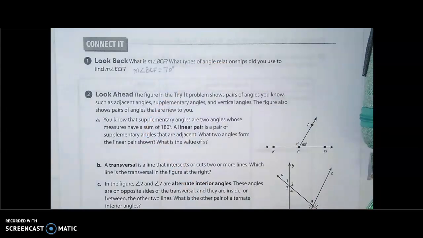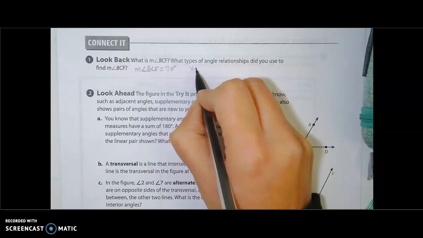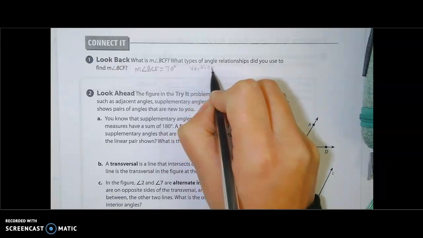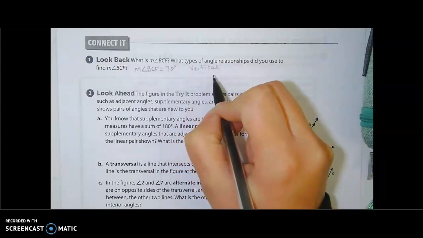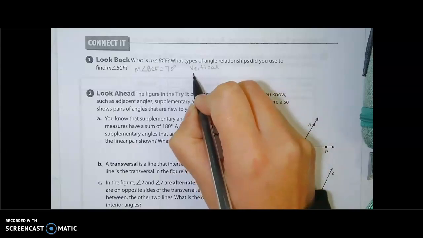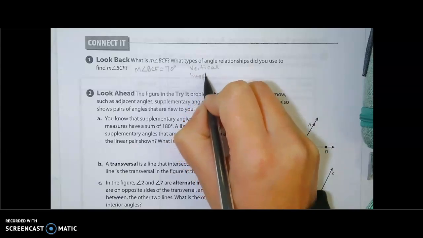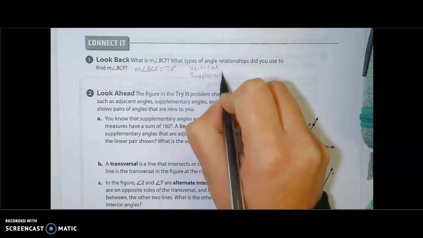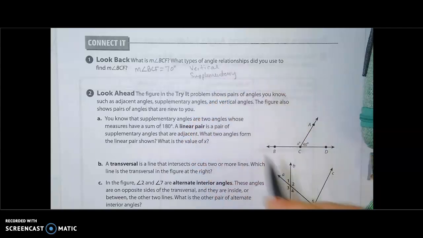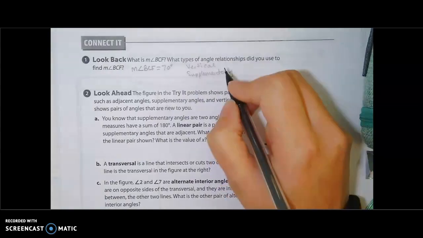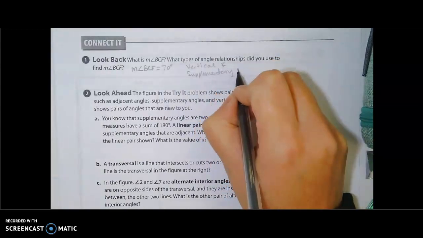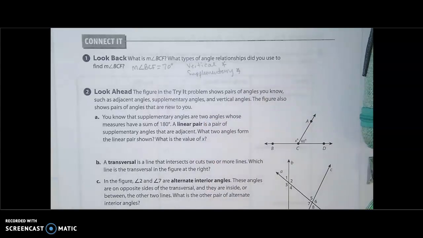And then the types of angles that we used, some of us used vertical angles. Most of us used vertical angles. Some of us used supplementary, or a mixture of the two, right? But those were our types of angles, vertical angles and supplementary angles.